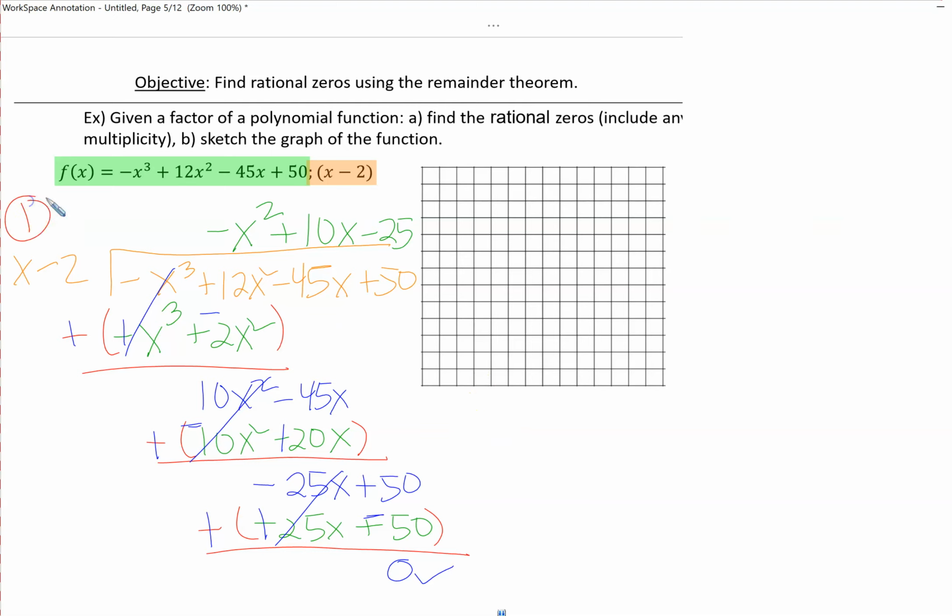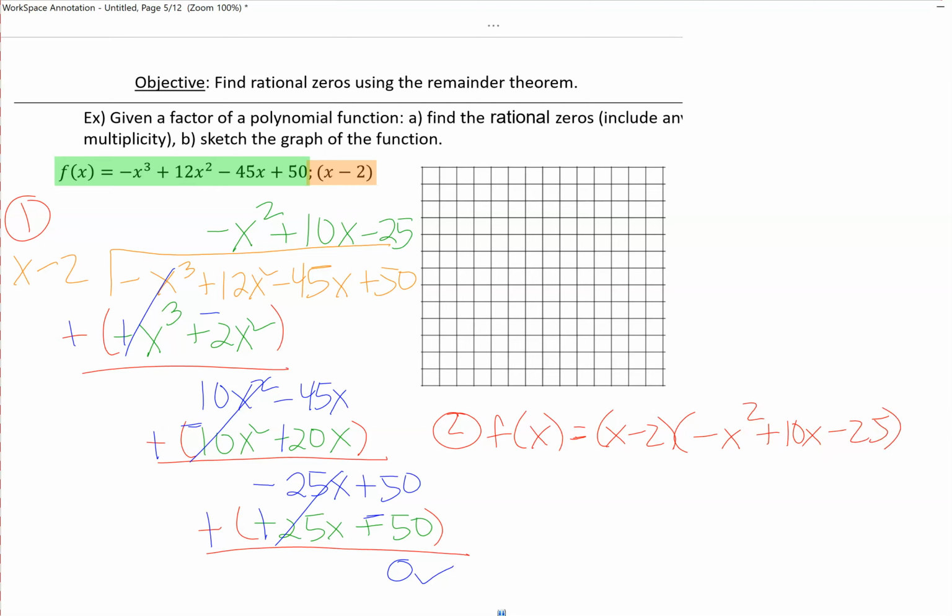The division's our first step. The second step, we're now going to write our function f of x as a product of its factors, which are the x minus 2 and our quotient here. So f of x equals the x minus 2 times the negative x squared plus 10x minus 25.